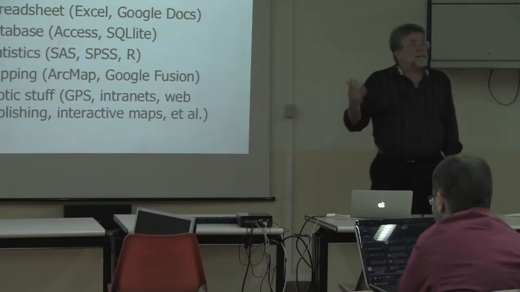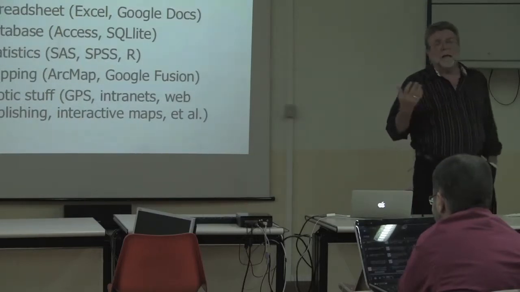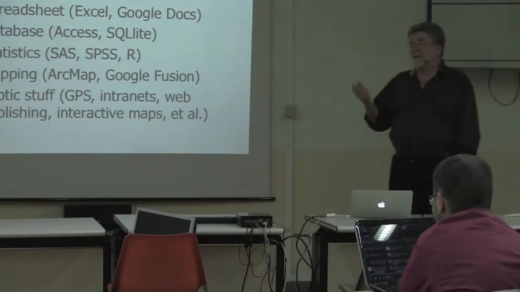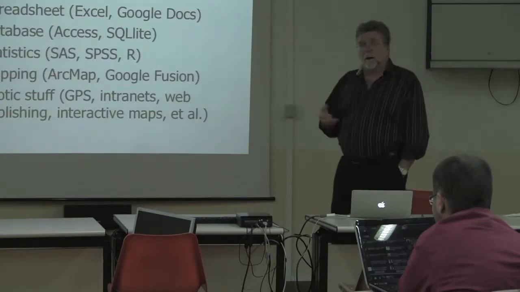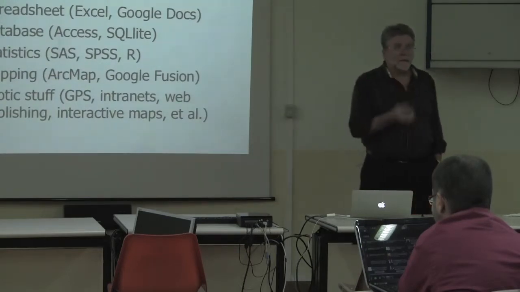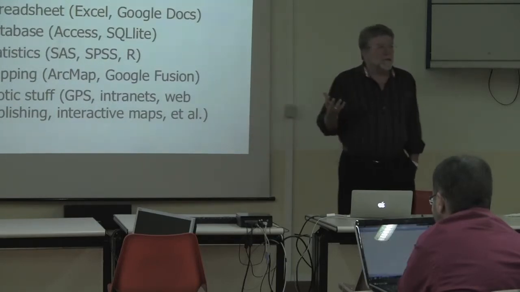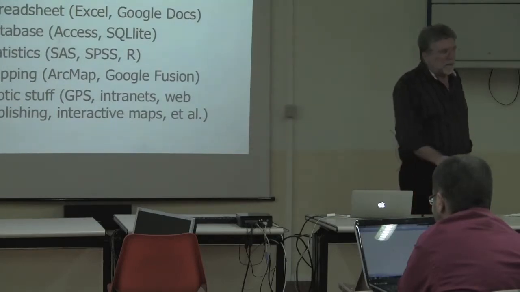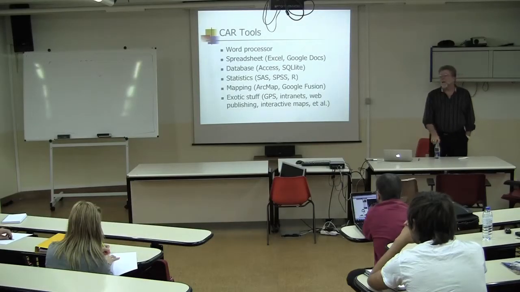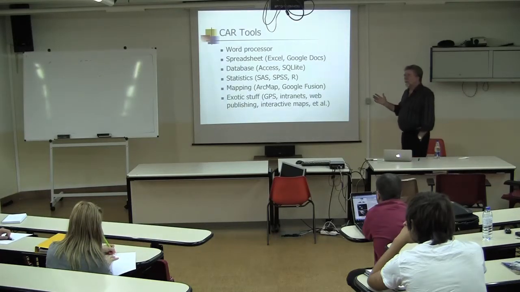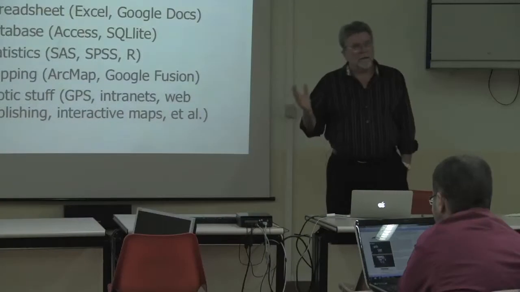And other reporters are doing other kinds of things. They're using geographic positioning system hardware, things that grab locations, and doing their own analyses that way. Creating newsroom intranets, doing lots of web publishing or interactive visualizations of data. The field has really exploded in the last 6 or 7 years.